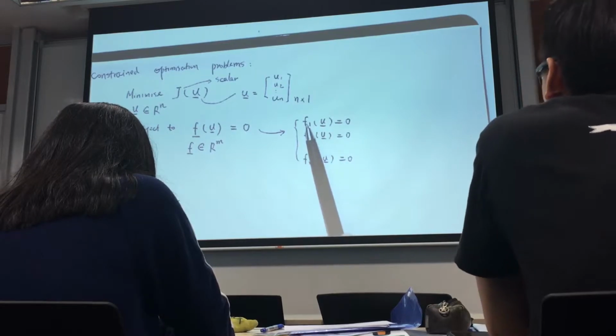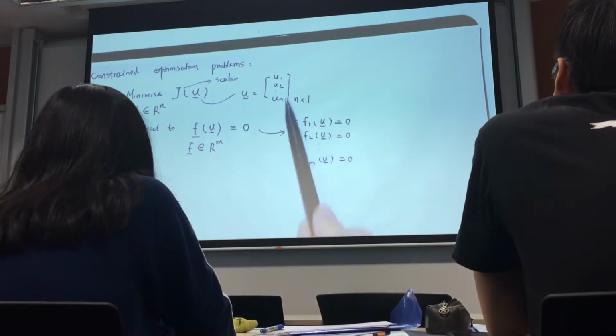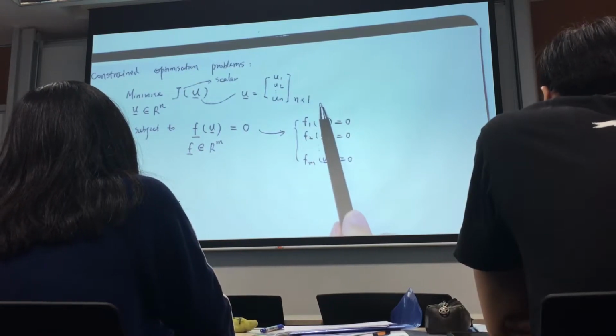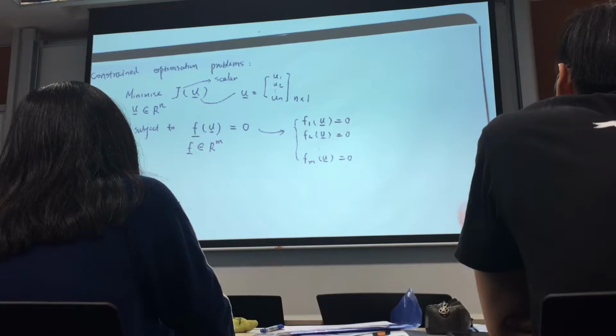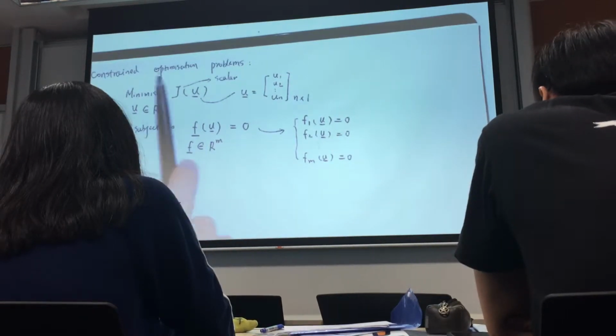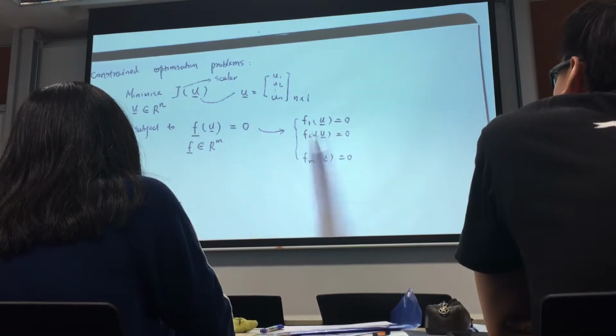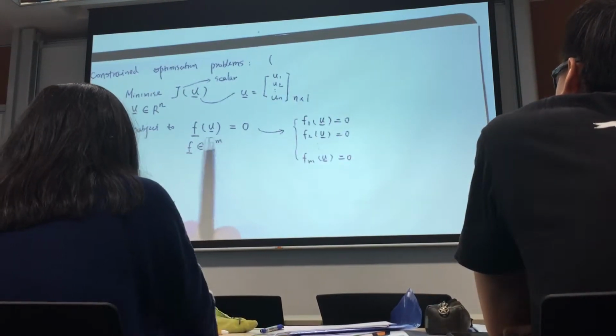Each equation contains n unknowns. So this problem is a constrained optimization problem, but so far we only discussed the equality constraint.